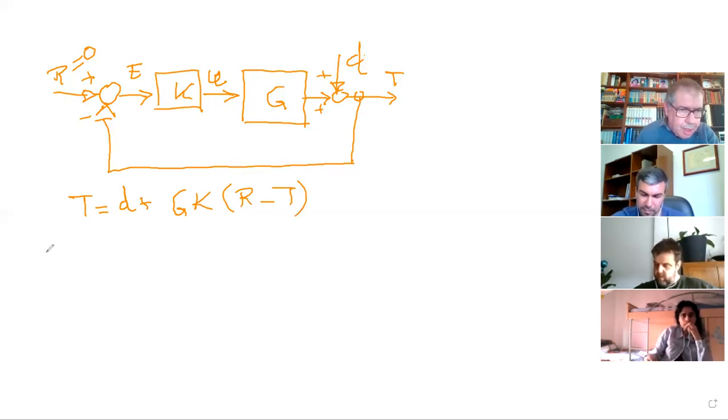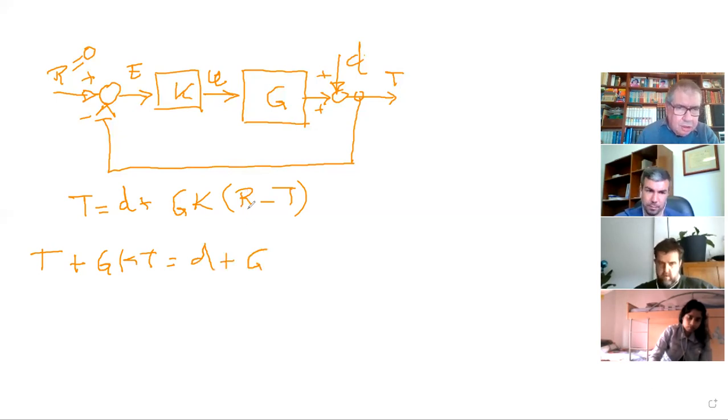So T is equal to D plus GK times R minus T, so T plus GKT is equal to D plus GKR, but R is 0, so we don't have it.